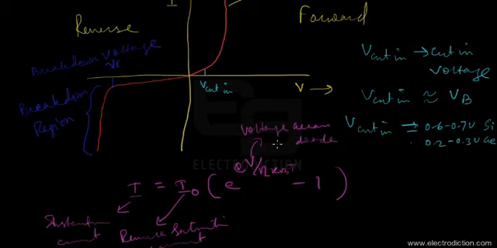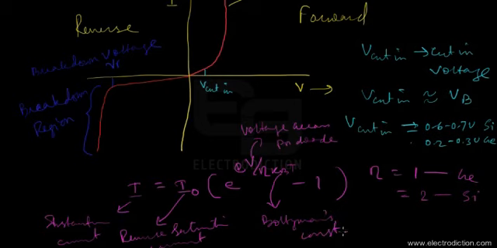Eta is the multiplication factor, which is 1 for germanium and 2 for silicon. Here Kb represents the Boltzmann's constant, and T is the temperature at which the diode is operated.